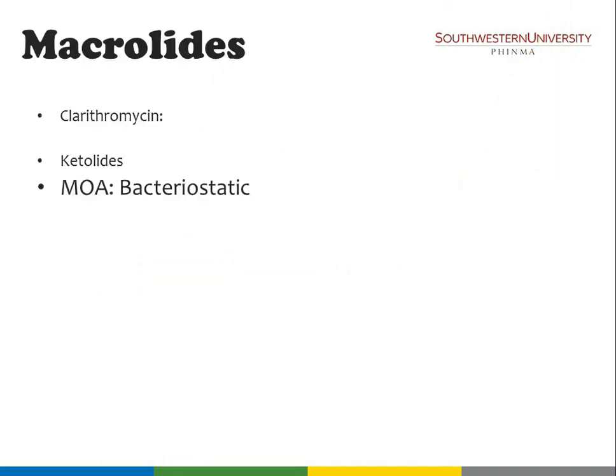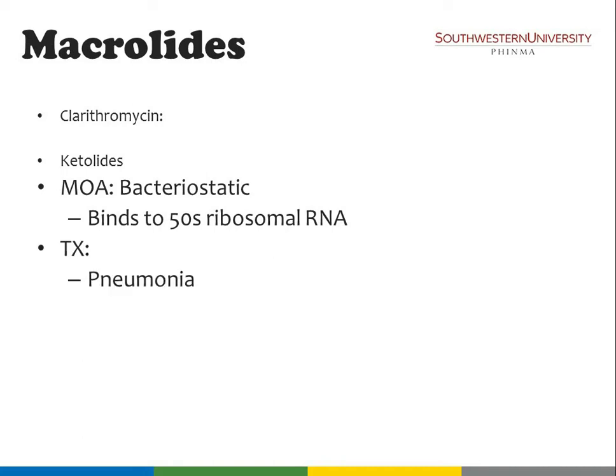Thus, your macrolide is bacteriostatic, preventing the ribosomes from moving along the mRNA and translating the mRNA to make protein. Okay? Your macrolides are really good at treating your pneumonia, especially your Legionella or your Mycoplasma.